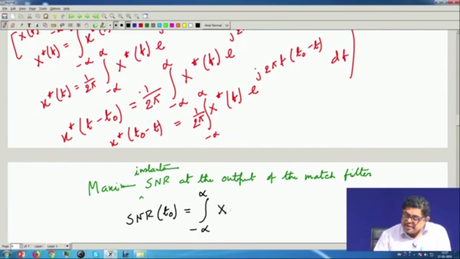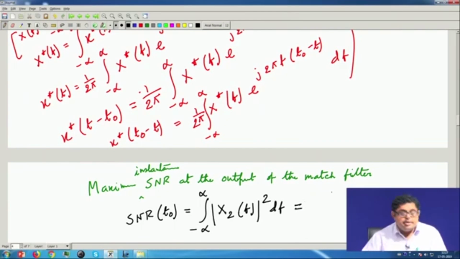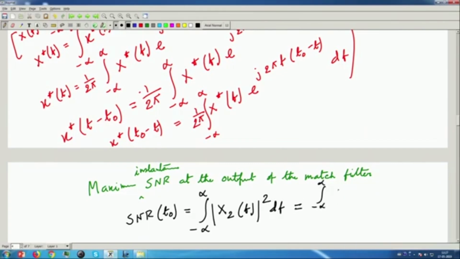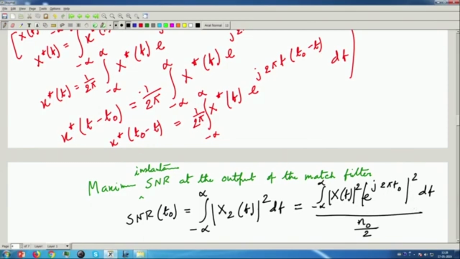If you remember that, I am again using that terminology, and we know what is our X2(f). If you see those, we can easily write that this is nothing but |X(f)| modulus square, then |e to the power j 2 pi f t 0| also square, df, and this side will be that N(f), which is eta naught by 2.